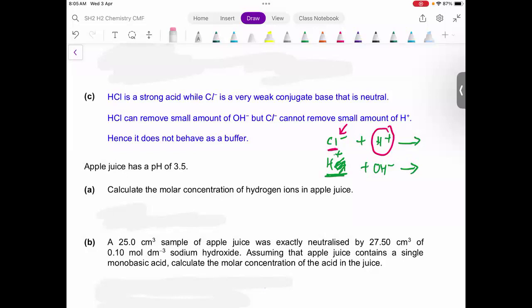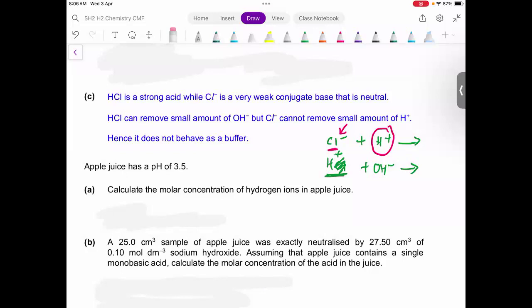For a weak acid, we have a large abundance of the weak acid as well as the salt. When it is present in high concentration, it has a higher likelihood to meet the OH minus.